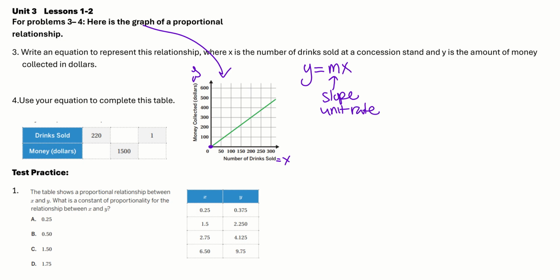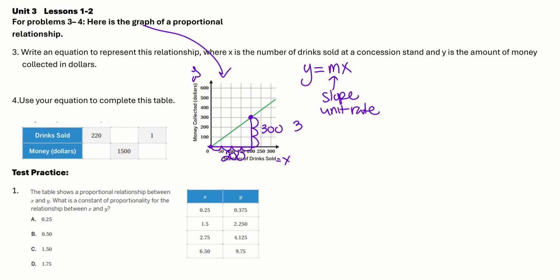So we're just going to go find the slope of this. So I can use 0, 0, and then I can see that there's a point right here at 300 and 200. So I'm going to draw my triangle. The height is 100, 200, 300. And then the base is 50, 100, 150, 200.